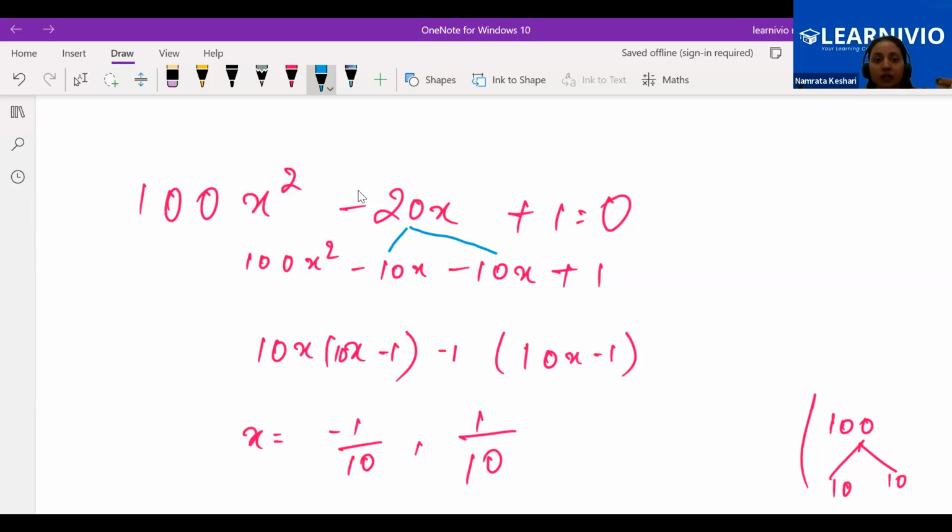What can be taken out as a common factor from the first two? 10x, right, Zoha? For the third step, both of them have to be positive. You tell me your steps.